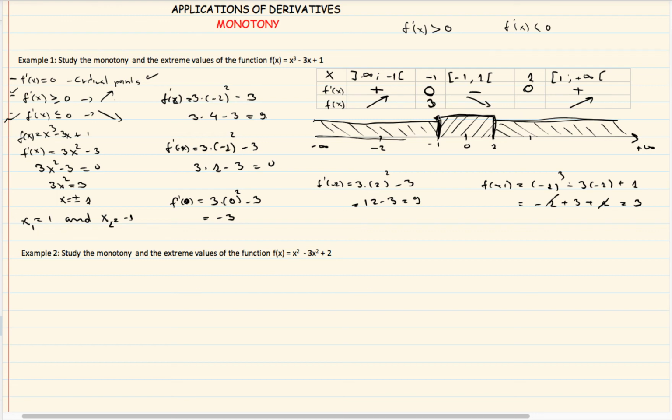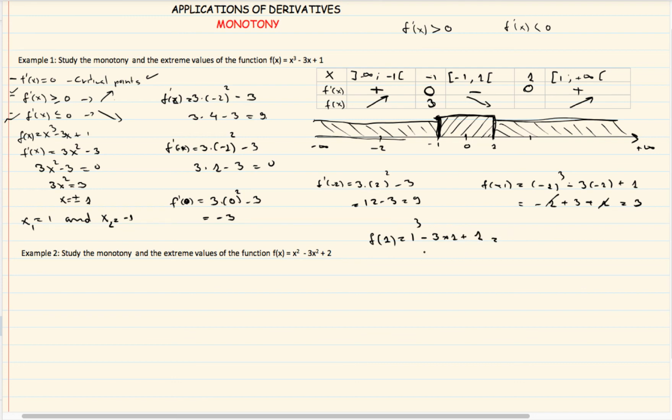Here we have the maximum value of the function, and then the minimum value of the function. In the same way, we use the same function, f of 1, because we're at the critical point 1, which is equal to 1 cube minus 3 into 1 plus 1.